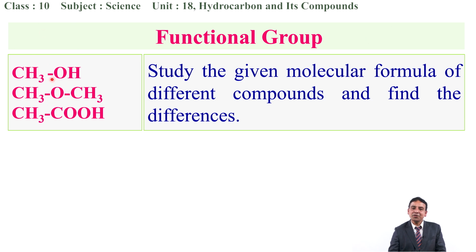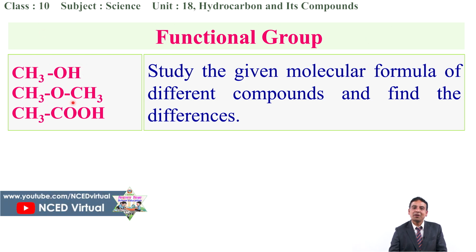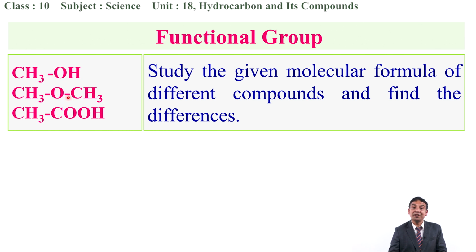In the first one you can see this is an OH group, but in the second one you can see this oxygen atom has been bonded with two carbon atoms, one on either side, as well as in the third compound, you can see that COOH. These are the special groups or the special atoms present over the hydrocarbons.